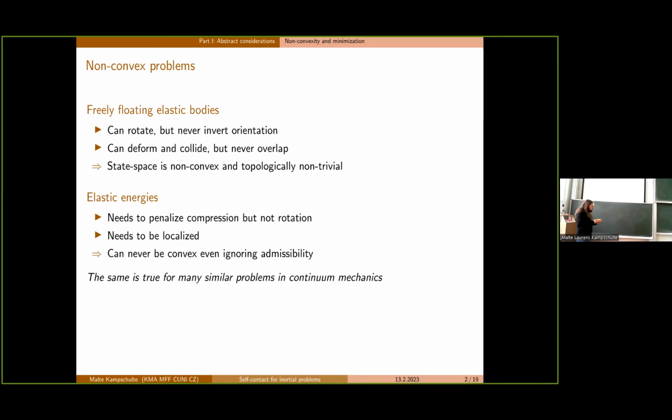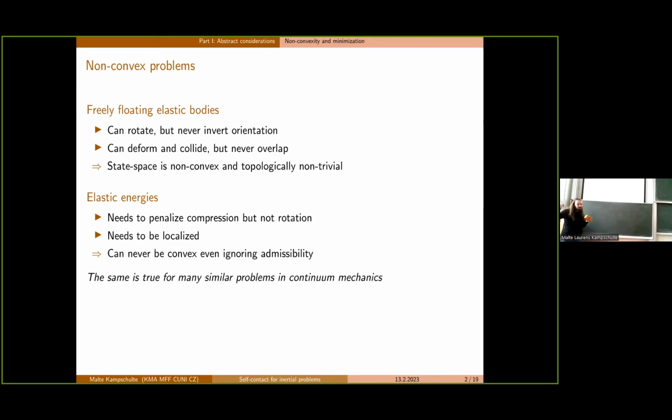If you think about the state space of this whole thing, in terms of some deformation of a reference configuration, you end up with something that's completely non-convex, non-linear, non-anything. It has some linear tangent space in some sense, but that's the best you can get. And this also reflects in the usual elastic energies you use for those large deformations.